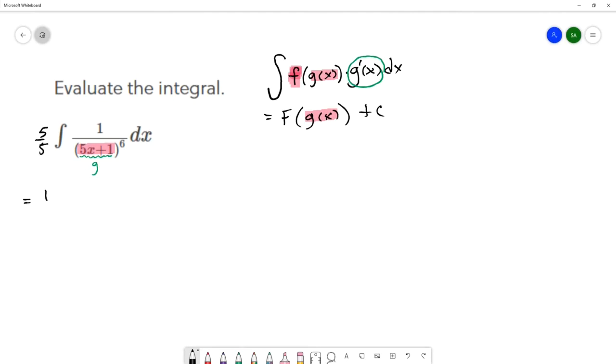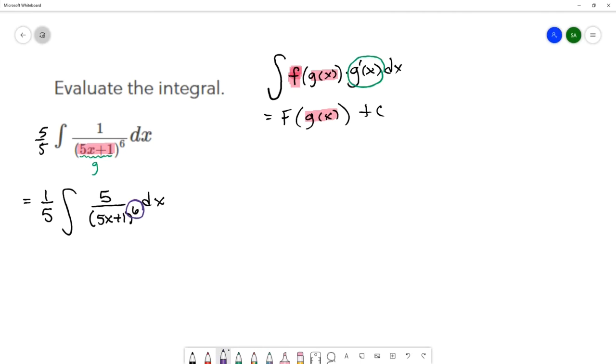So that would give 1/5 the integral of 5 over (5x plus 1) to the 6 dx. Now another thing that's sort of throwing me off from this pattern is that the outside part, so the 6th power, is in the denominator, which is a little confusing.